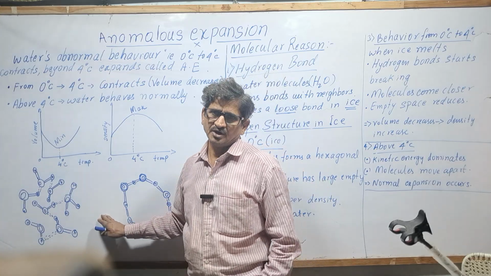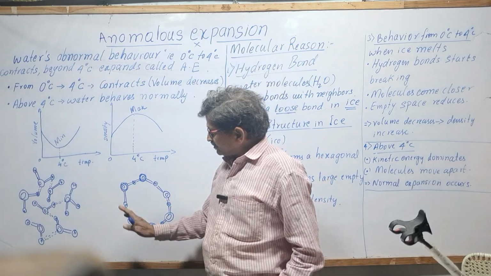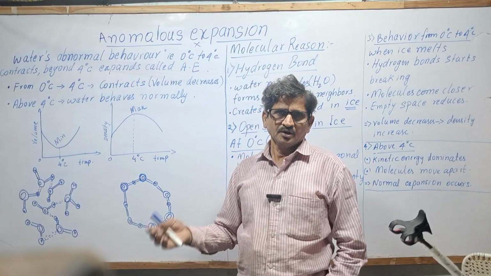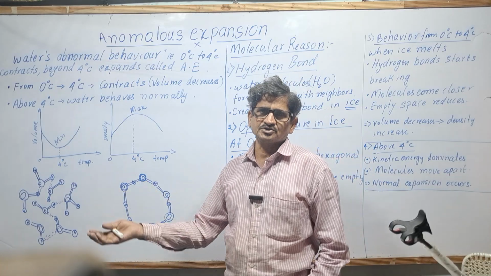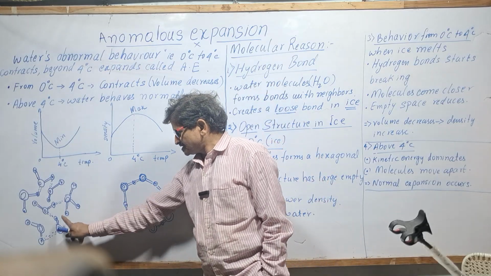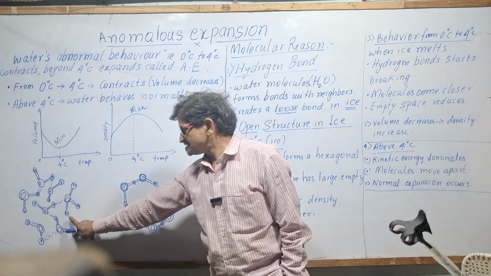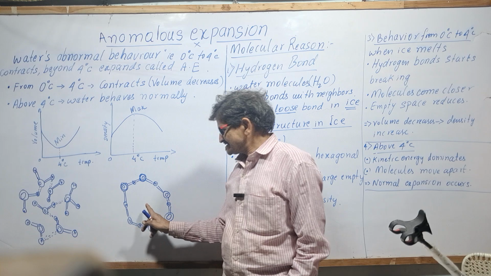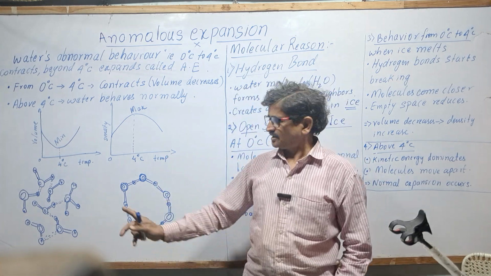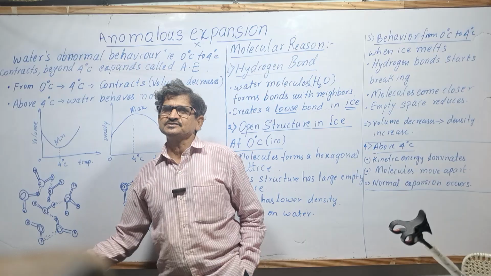But when the temperature increases, what happens? This one is in liquid form, and this is in ice form. This bond is in the ice state, and this bond is in the liquid state.